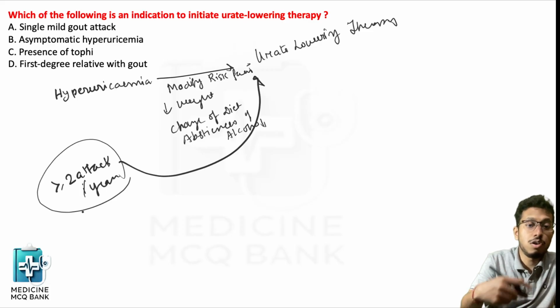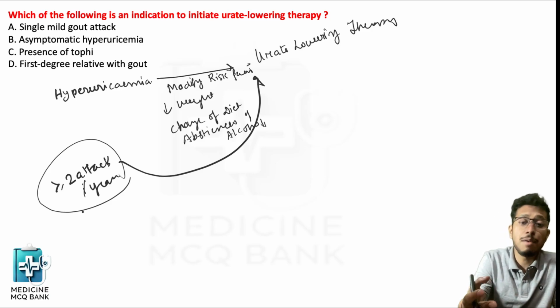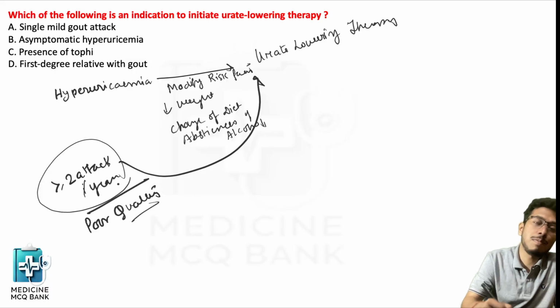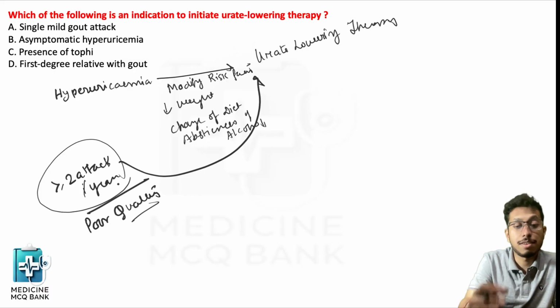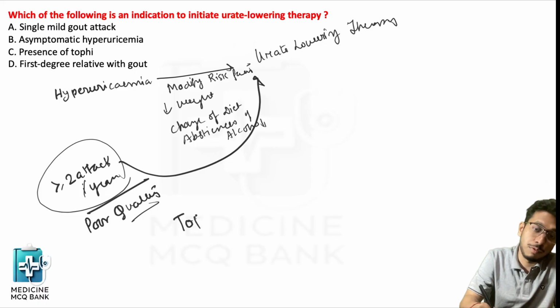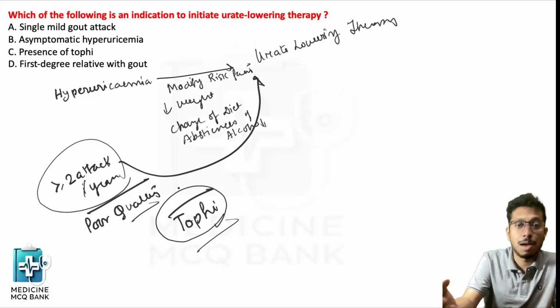Or the attack may be one in a year only, but it is severe, prolonged, disabling, which leads to poor quality of life, and you have counseled the patient properly, and the patient is ready and committed to take the medicine lifelong. In such cases, you can also start urate lowering therapy. And presence of tophi, irrespective of tophaceous gout or chronic gouty arthritis, irrespective of the serum uric acid level, becomes an indication.